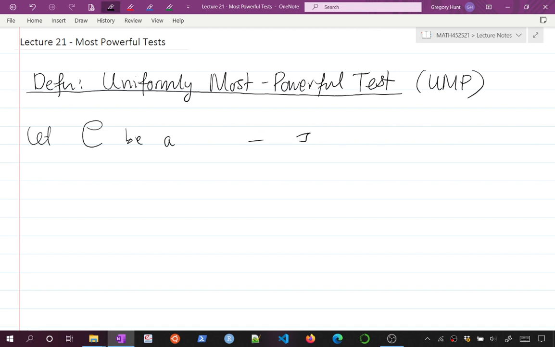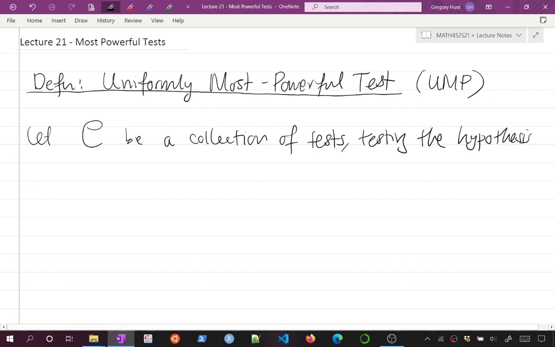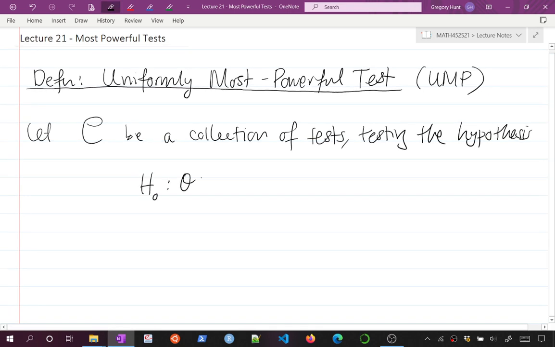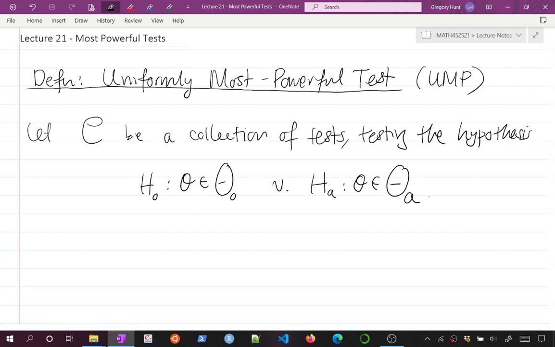We could even just say a collection of tests, testing the hypothesis H naught that our unknown parameter theta is in theta naught versus HA, which is that theta is in our alternative hypothesis. So the idea is that if I have this hypothesis, whatever it is, generically we're saying it's some fixed hypothesis, theta is in theta naught or theta is in theta A.